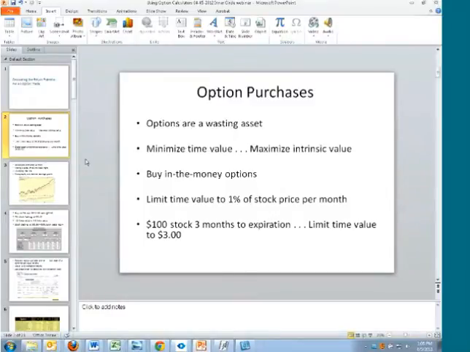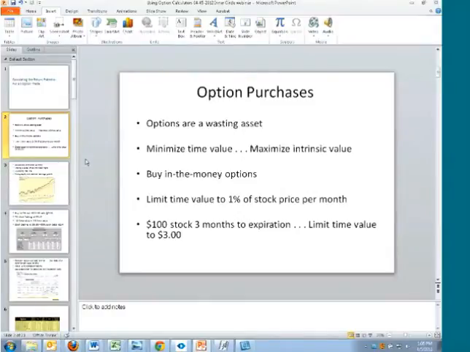And I have a general rule of thumb: when you're buying an option, you want to try to limit the time value of the option to 1% of the stock price per month. So let's say you were buying an option for a $100 stock. 1% of that stock price would be $1. So you want to try to limit the time value of your option purchase to 1 point.